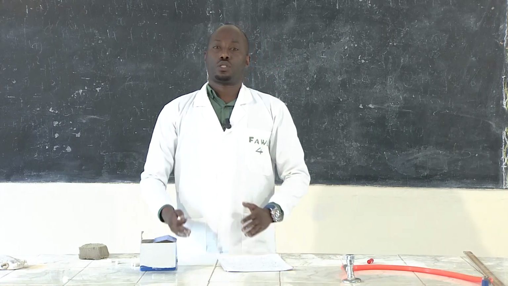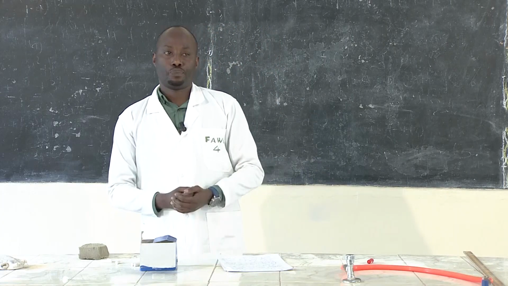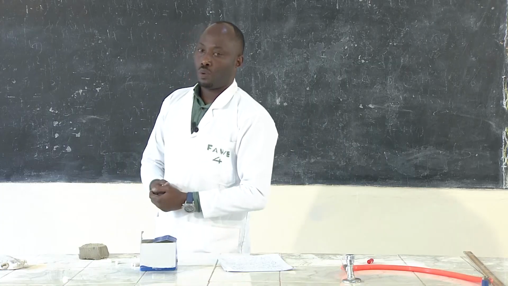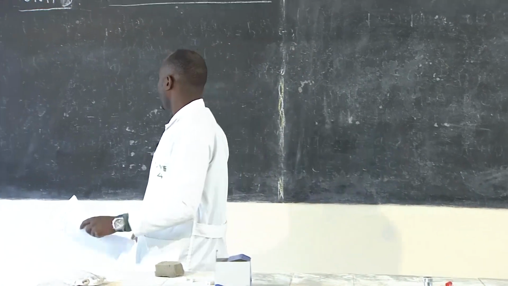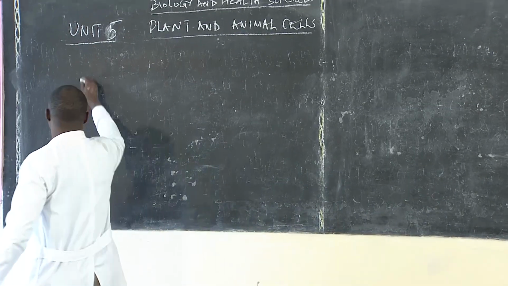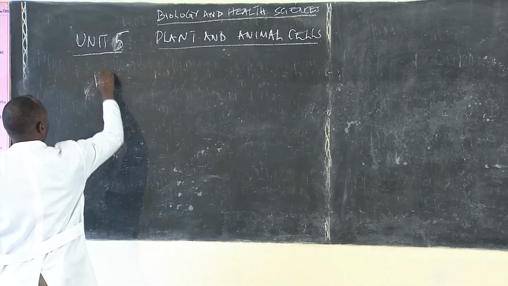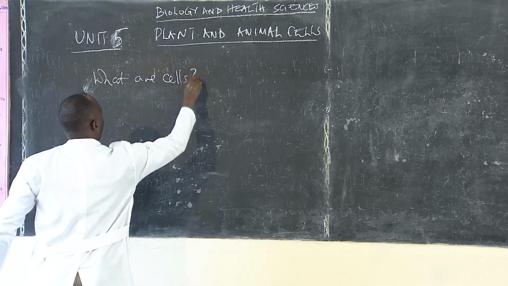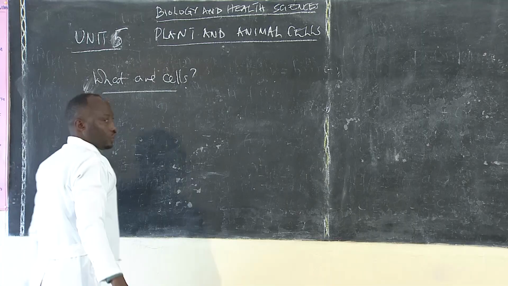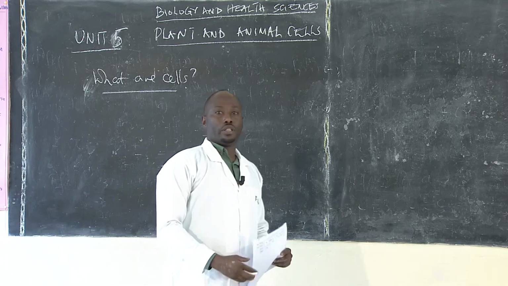We have to first study to know what is a cell. Students, what is a cell? Or what are cells? This is a definition. Think about it in a short time, then you give me the answer.